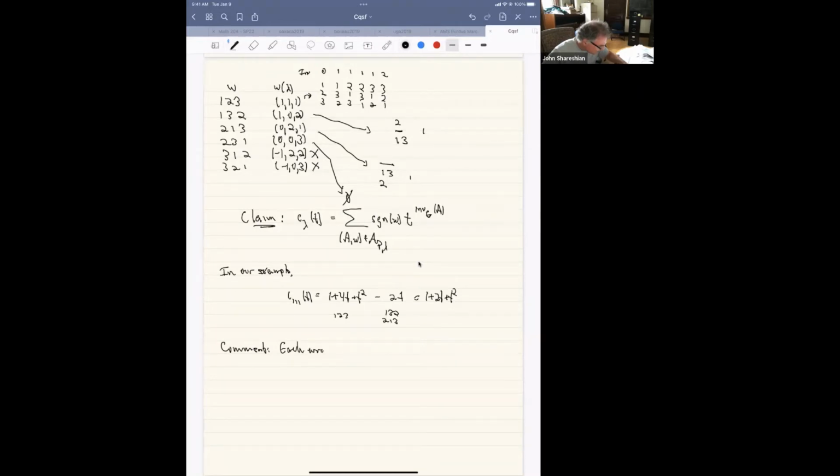Each array corresponds to a proper coloring with colors 1, 2 up to n, right, the elements in row I get color I. Right?